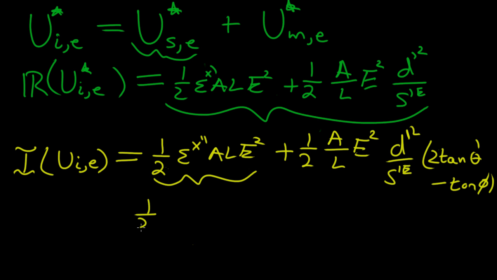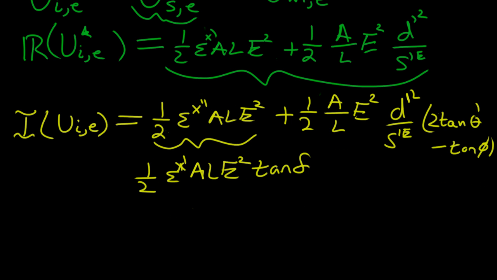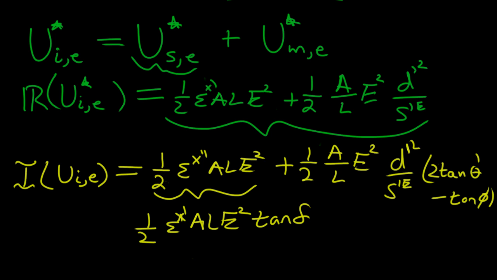We can just write 1/2 epsilon x ALE squared, this tangent delta, not prime because we're using the constant strain condition, tangent prime. So these are the relationships which are telling us how much energy is being stored and converted. Basically, it's telling us how much input energy there is into the material for a given electrical input.